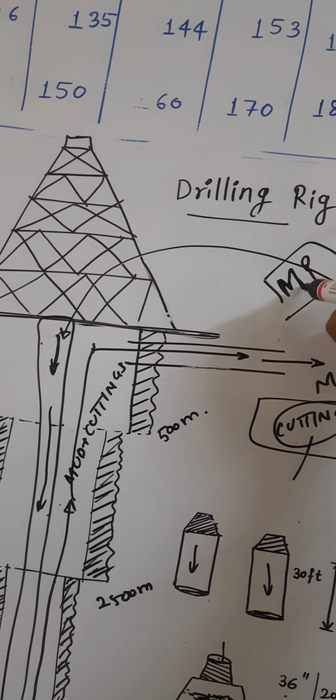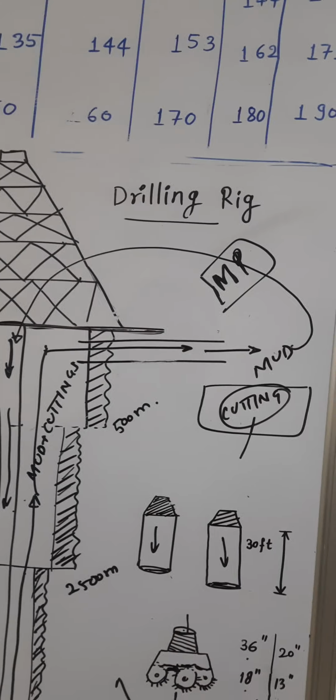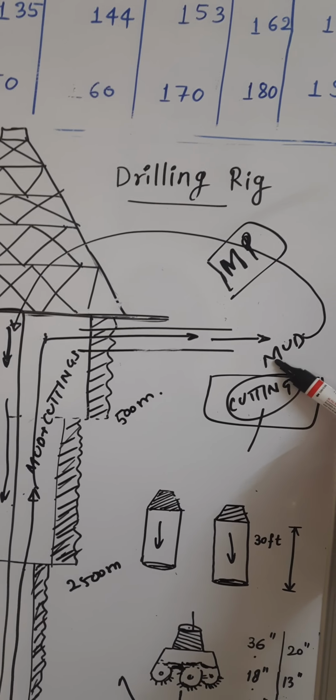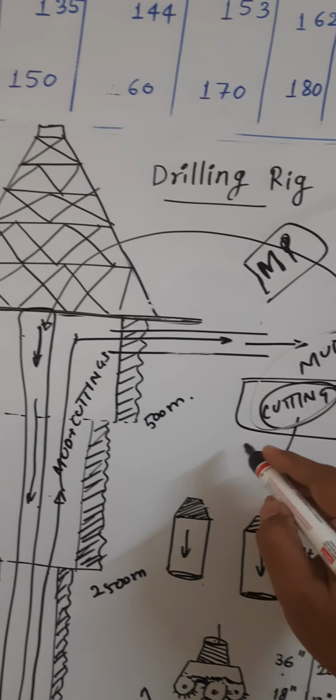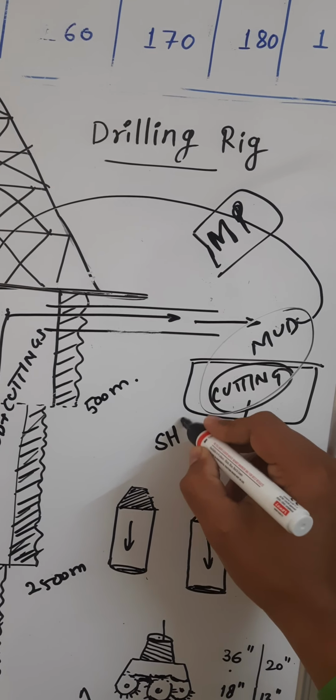These are very high capacity pumps. We use mud pumps, and to separate the cuttings from the incoming mud plus cuttings, we use shale shakers.